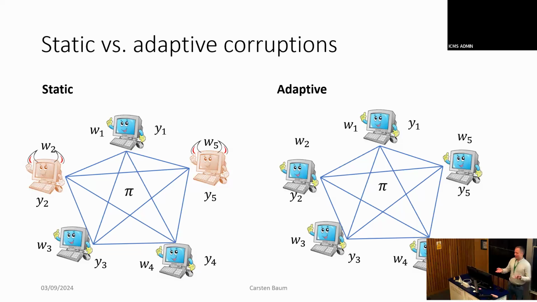The same in a multi-party computation setting. If you consider a static security setting, you know in advance who the adversary is going to corrupt. When you start your multi-party computation session, the adversary tells you, well, I'm going to misbehave, but it's going to be parties 2 and 5. It's a strong assumption to make, right? But it makes designing MPC protocols easier.